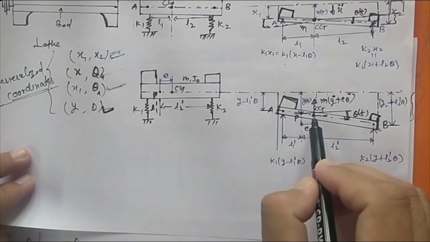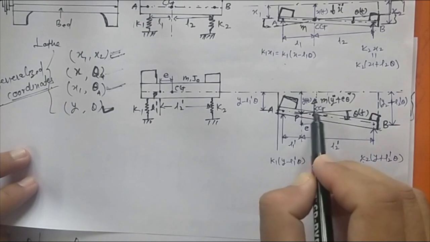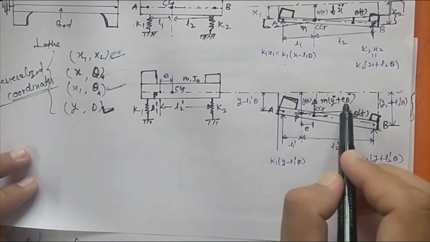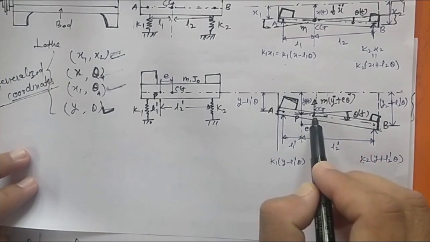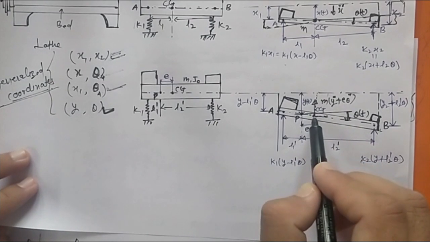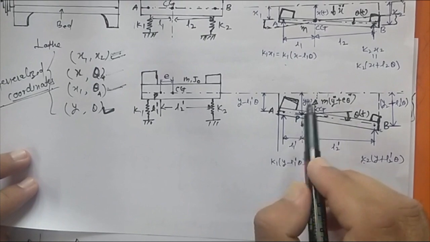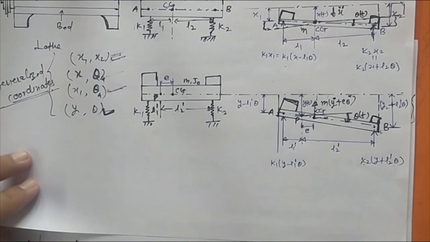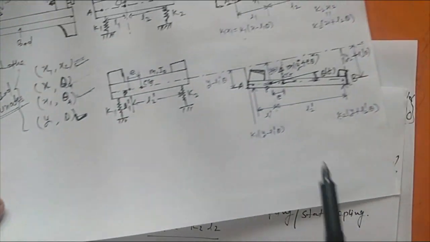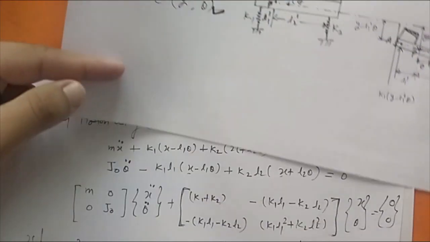So if this will move in this direction, there would be a force m y double dot plus e theta double dot through its center of gravity. So that will create a moment about this point and there would be a rotational displacement. So this is because of coupling only.